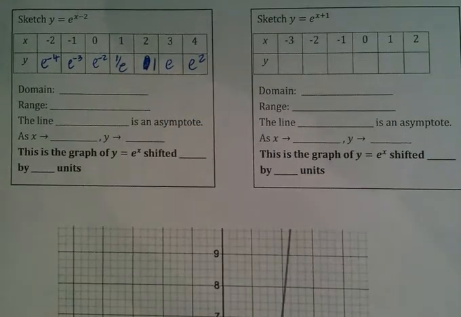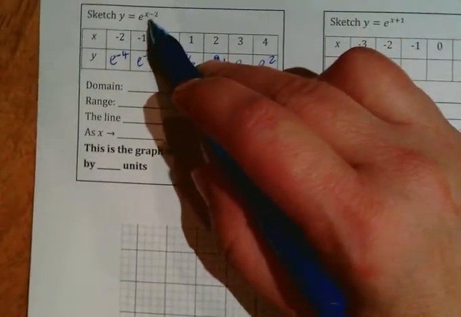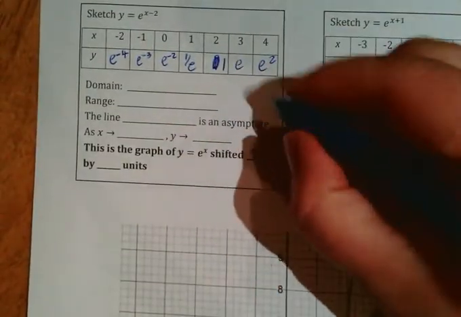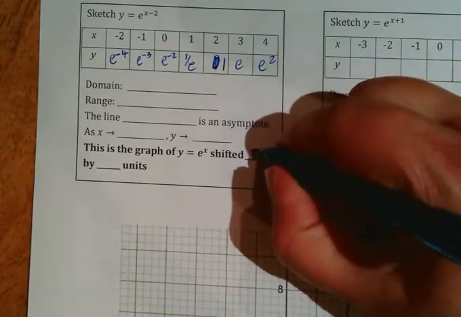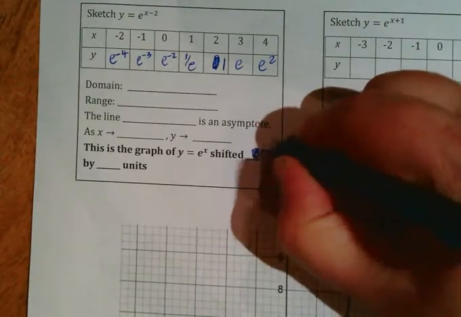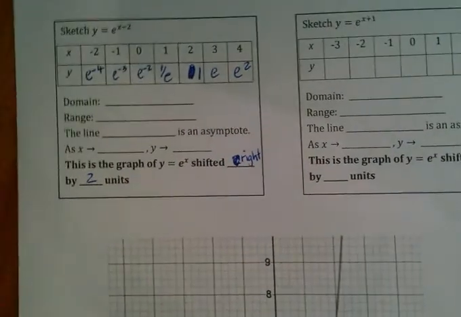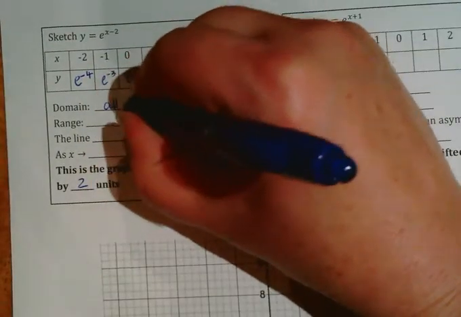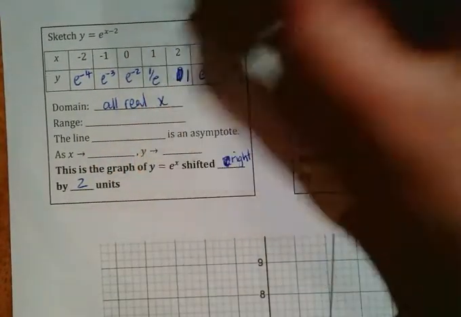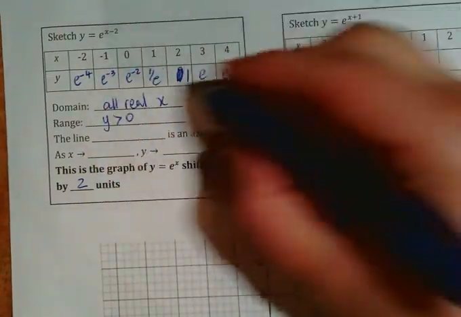Now, remember, this is just e to the power of x shifted sideways, and you have to work out whether it's shifted to the right or the left. We think it is shifted to the right by 2 units, because when it's minus 2, you're shifting to the right. But let's have a look when we draw it. The domain should be all real x, and the range, as it's only a sideways shift, should be y greater than 0.